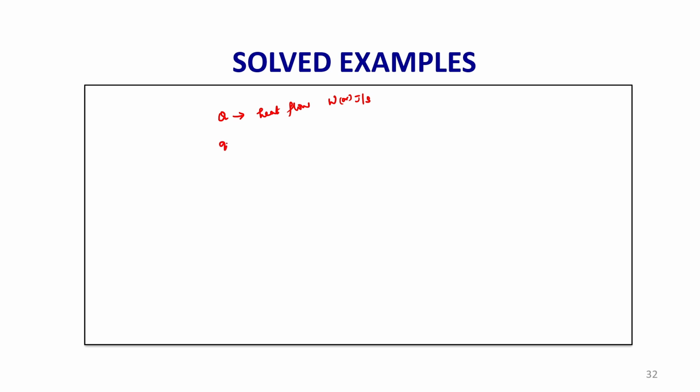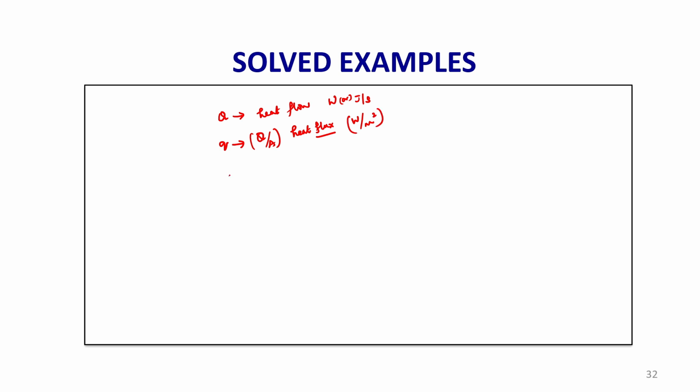Small q, when I say, is nothing but capital Q by A, that is heat flux. Q is in watts, A is in meter square. So, the unit will be watts per meter square.